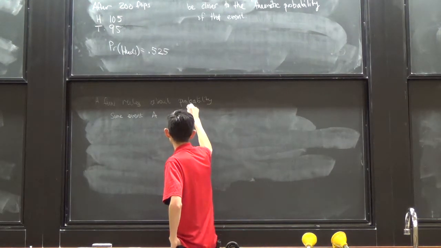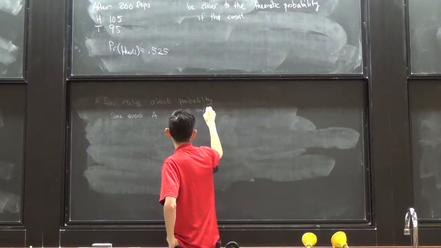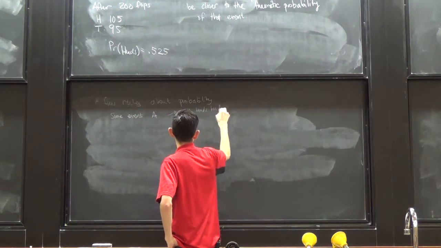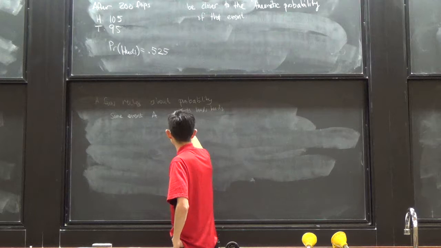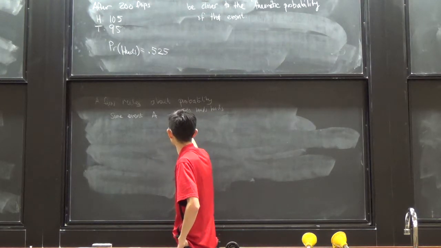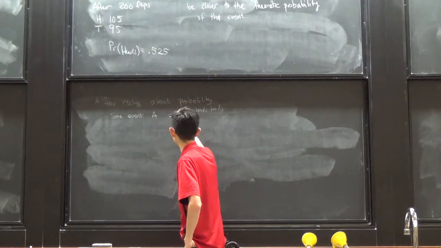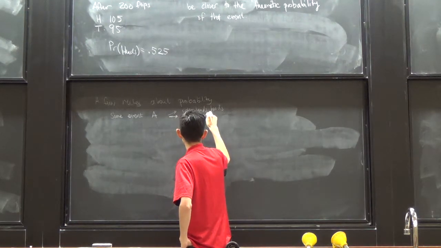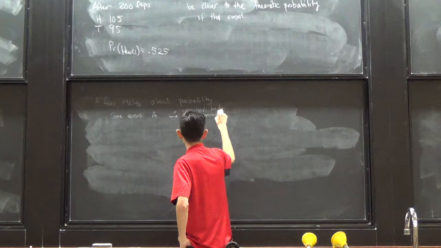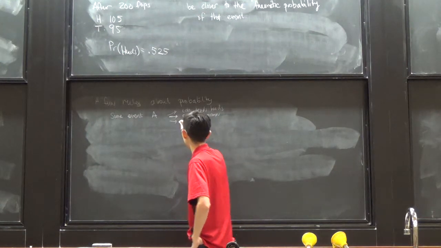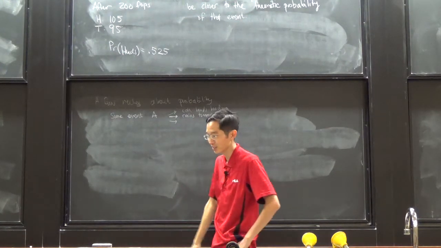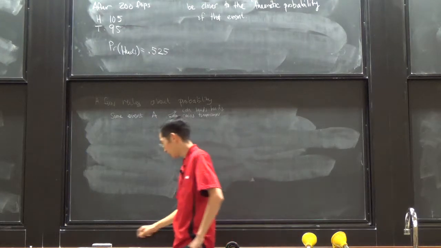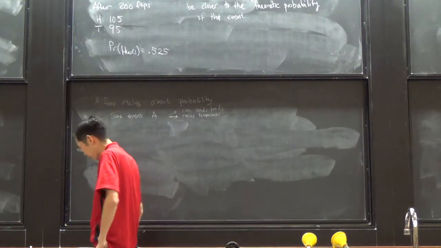So coin lands heads, that it rains tomorrow, or the Washington Nationals advance, or whatever. Okay, whatever it might be, we have some event.